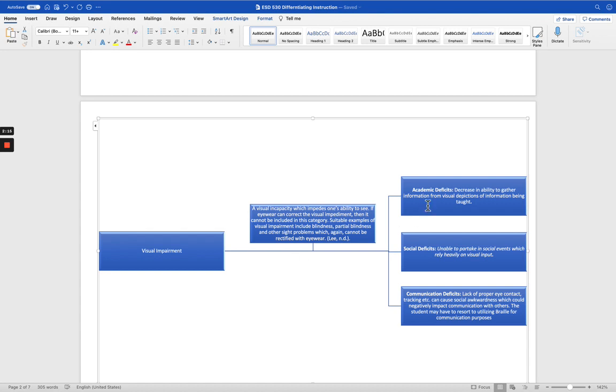with eyewear. Academically, visual impairment manifests typically in a decrease in ability to gather information from visual depictions of information being taught, or the complete absence of the ability to gather information from visual depictions.